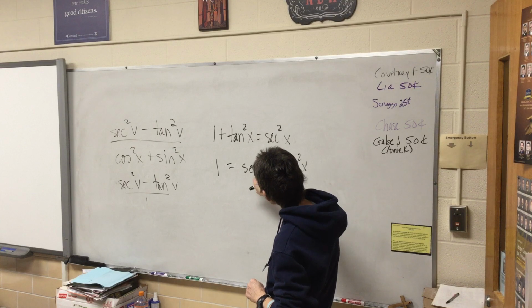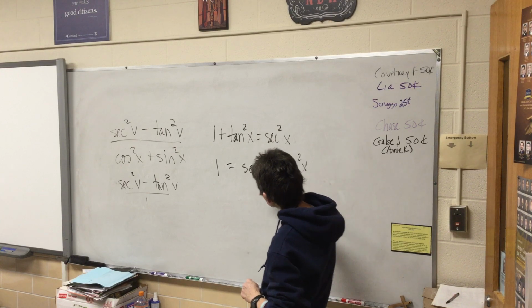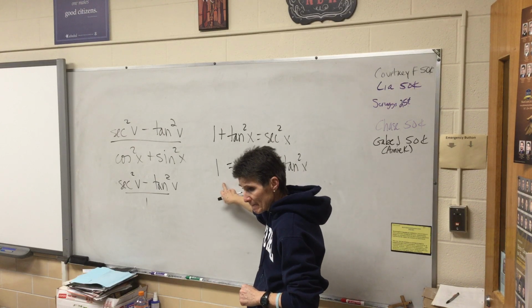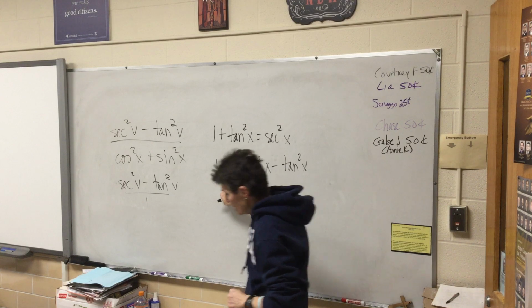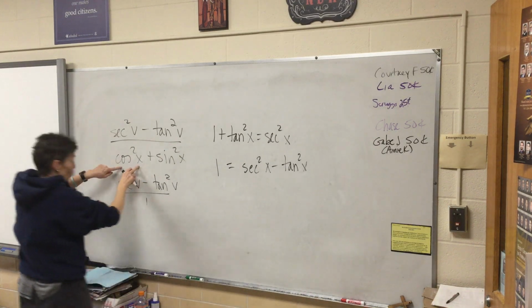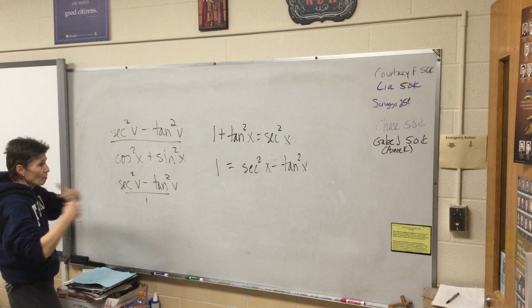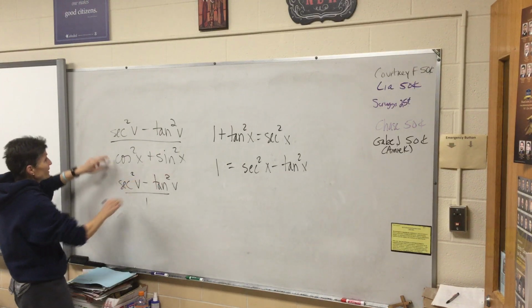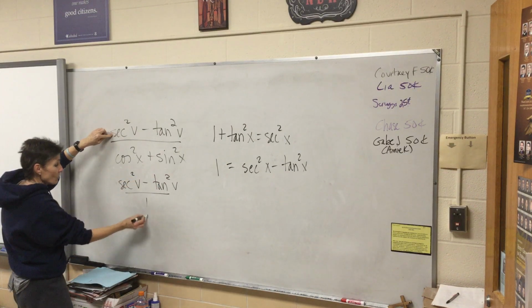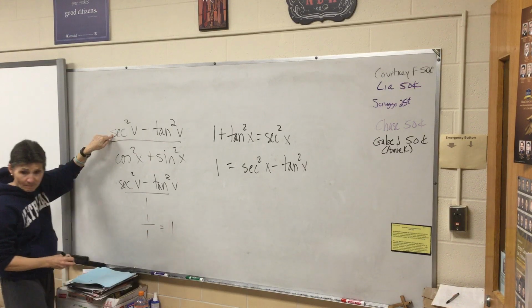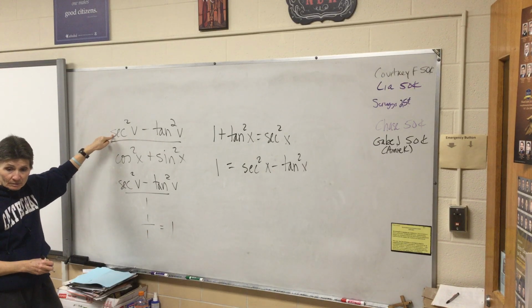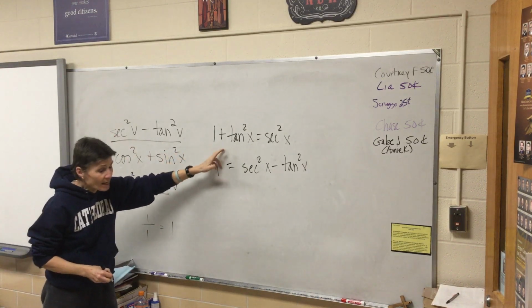Doesn't it say secant squared minus tangent squared is 1? So your denominator was 1, straightforward from your identity, but your numerator is also 1, isn't it? Once we rearrange the identity.